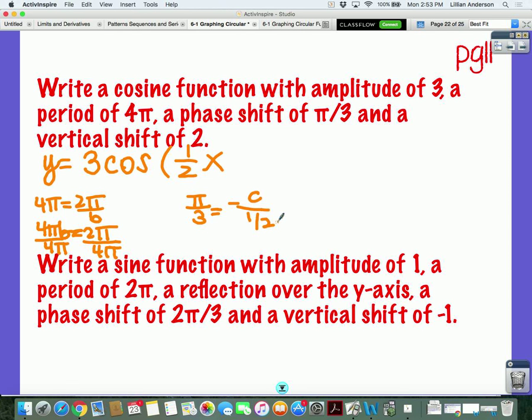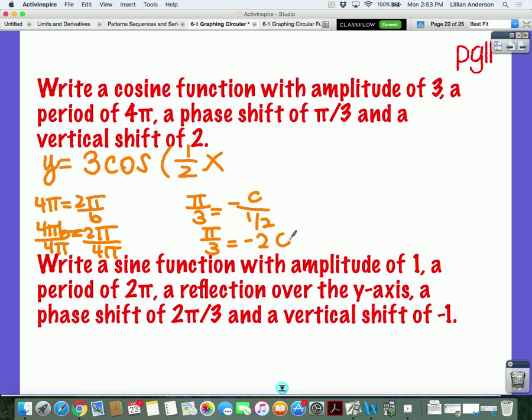Keep, change, flip. Technically that's the same thing as saying what? Negative c times 2. You can still cross multiply the way it is, just, you have 1/2 pi equals negative 3c. It'll be around the same thing.